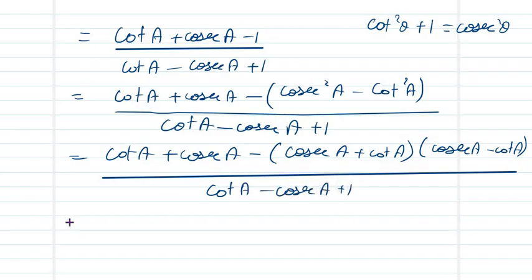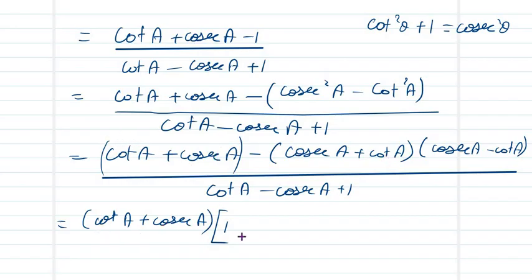Now what is common in the numerator? When you look at the numerator, you will observe that there is a common term, which is cot A plus cosecant A. When I take this expression common, I will be left with 1, because cosecant A plus cot A is present here, and cot A plus cosecant A is present here.